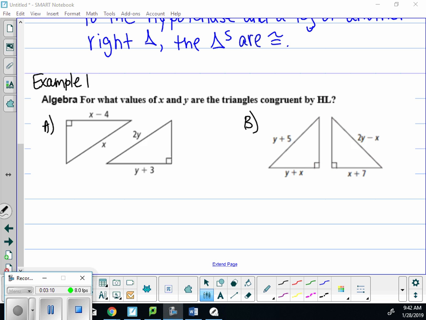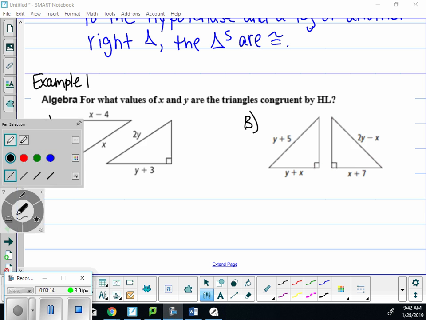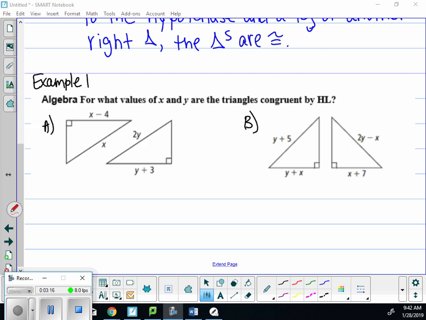So when you're looking at two triangles and you recognize that they are right triangles, try to identify which ones are the hypotenuse.